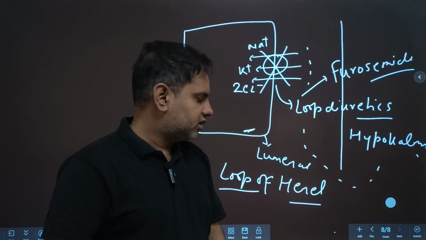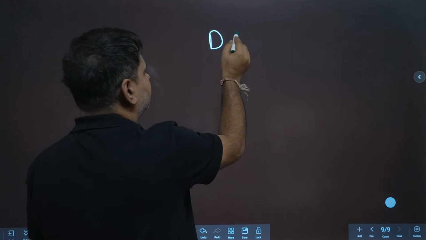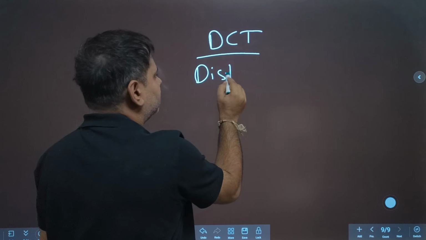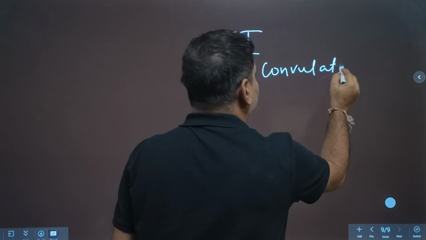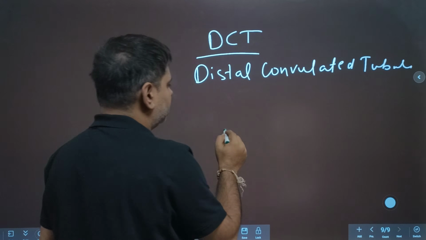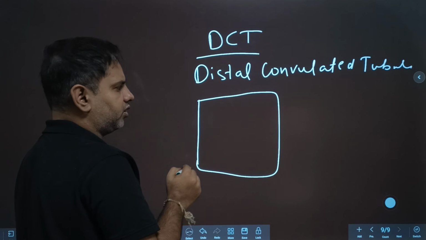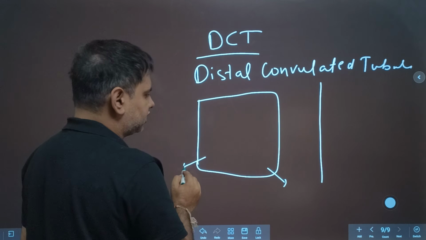Then the drugs which act on another part, the DCT, the distal convoluted tubule, right? This is the last part of your nephron. This is your luminal side, this is your basolateral side.